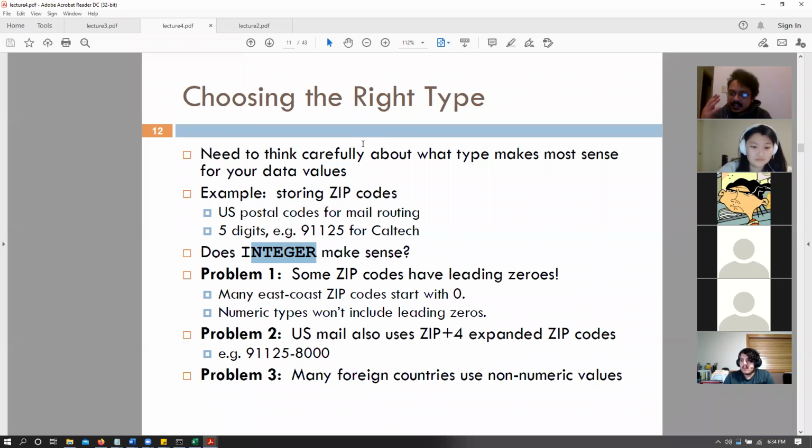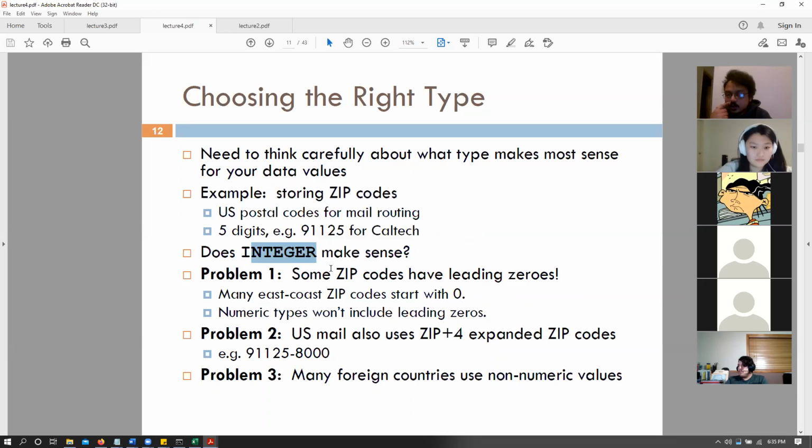And if they are starting with zeros, then integers won't work. Remember that, for example, zip code 0200 cannot be an integer because 200 is an integer. 0200 won't be an integer, right? So some zip codes have leading zeros, and we cannot have zip codes that start with zero if they are integers. That is the first case.